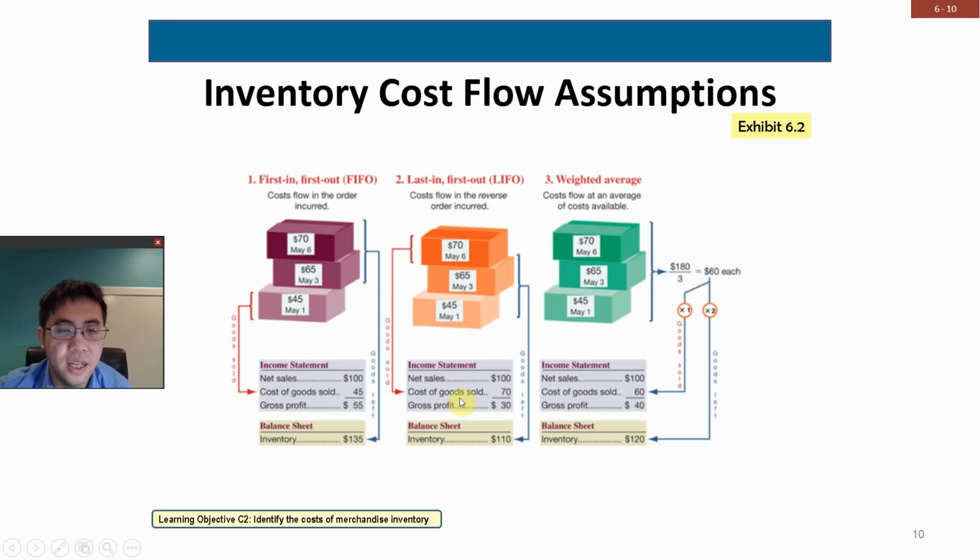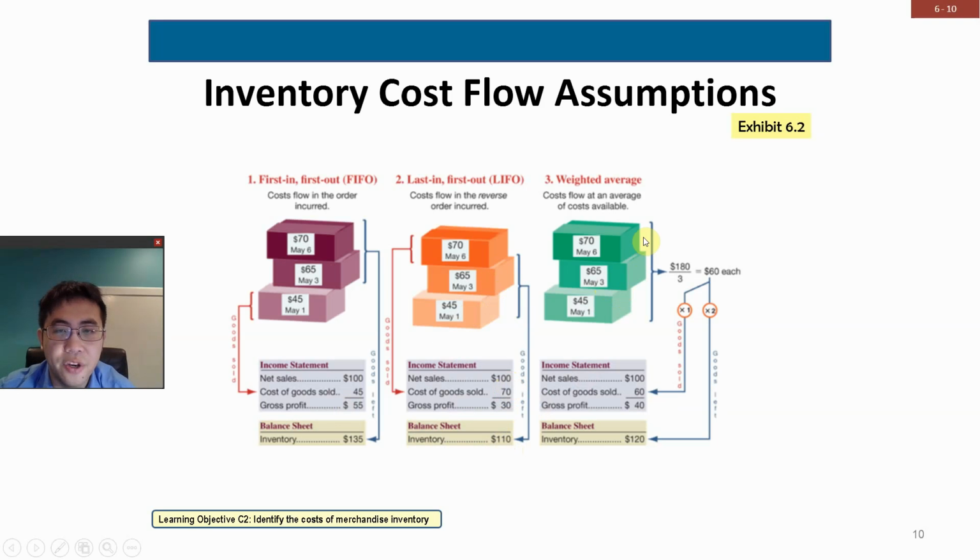So in the income statement, your cost of goods sold will be 70. And then you still have the net sales because you are still selling the same products, but your gross profit drops because the cost of goods sold increased to 70. And on the balance sheet, the remaining inventory will be this 1 block, 2 blocks, so they add up to $110.